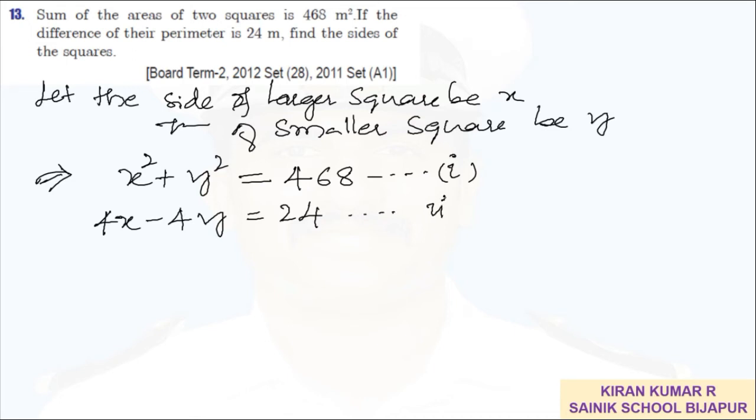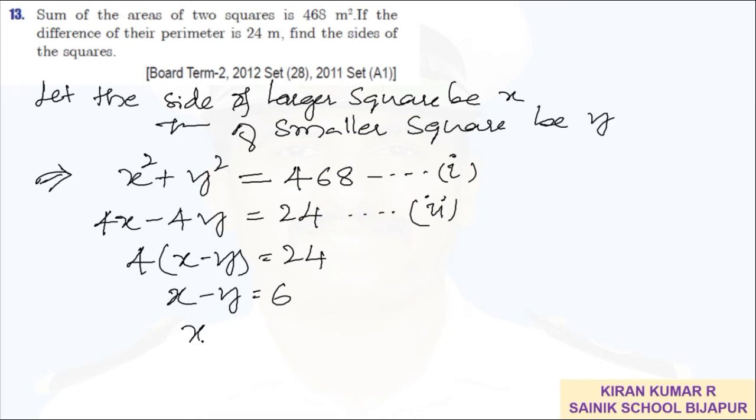Let this be equation 2. Let me rewrite this. I can take 4 as common. I'll be getting x minus y is equal to 24 by 4, or else x minus y is 6. So x will be 6 plus y.